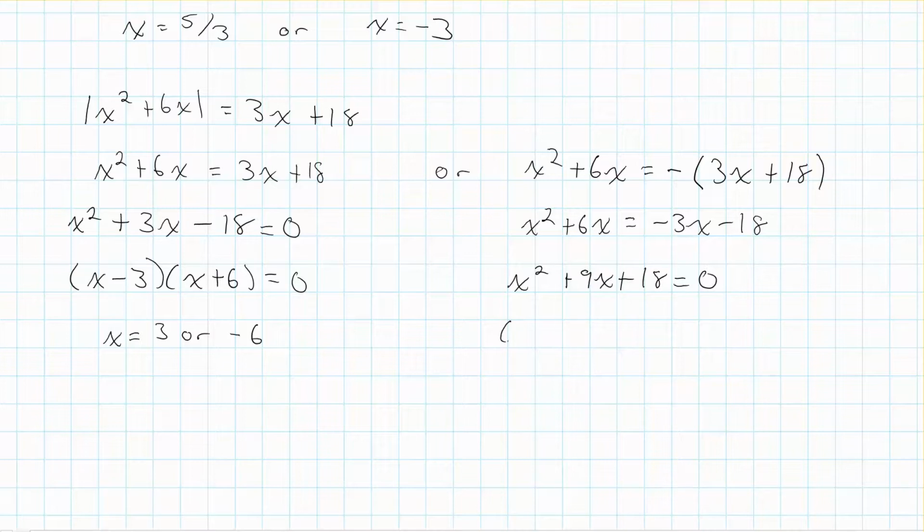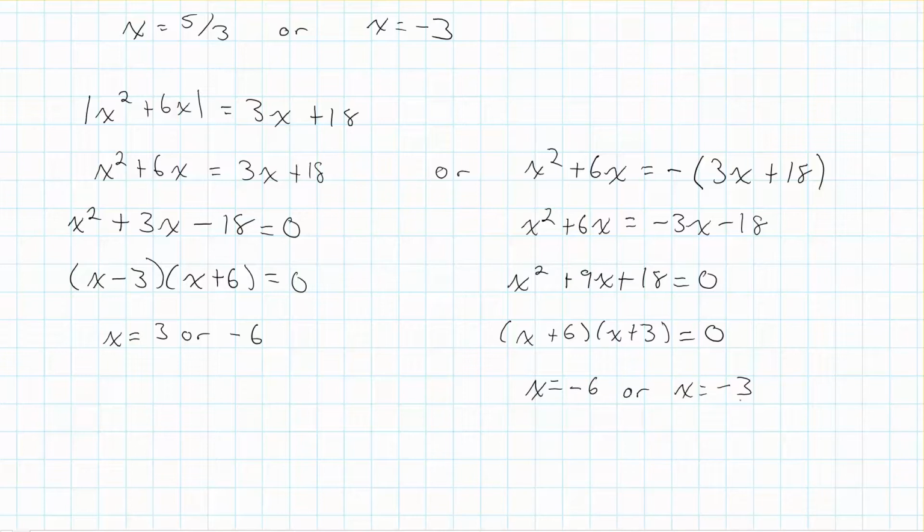And this factors as well. This factors to x plus 6 times x plus 3 equals 0. And then we get x equals negative 6, or x equals negative 3.